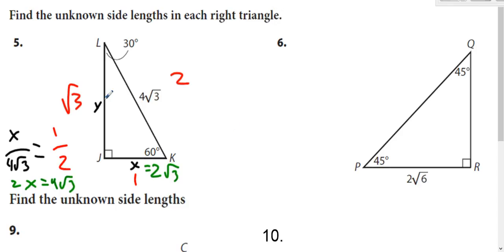When you set up to find y over 4 square root of 3, y goes with the square root of 3 side, and the hypotenuse goes with the 2 side.